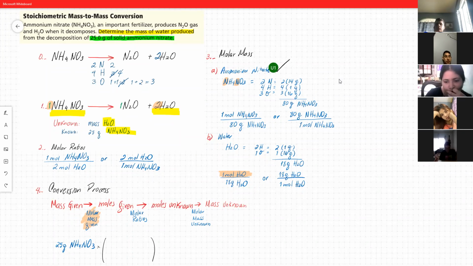Now, which one am I going to be using, A or B? If I need to cancel grams of ammonium nitrate, I'm going to be using A. So 1 mole of ammonium nitrate on the top and the 80 grams below of the same substance.